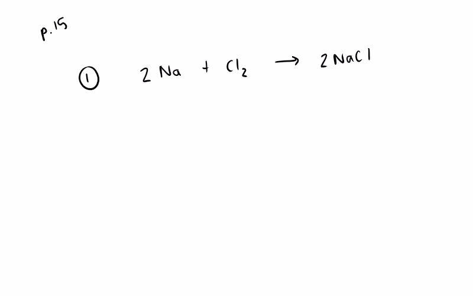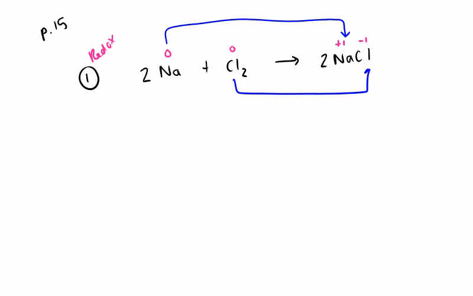First thing we have to do is assign oxidation states. I see sodium, it's a free element, its oxidation state is 0. I see chlorine, another free element, its oxidation state is 0. Now when I look at my compound, sodium's in group 1, it has a +1 oxidation number, so chlorine's going to be a -1 oxidation number. I know that this is a redox reaction because sodium's oxidation number changed and chlorine's oxidation number changed.